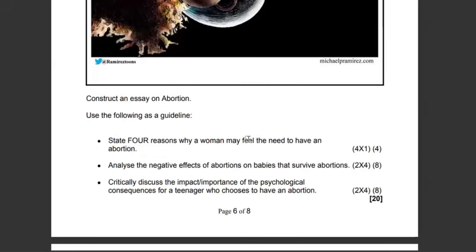Use the following as a guideline. State 4 reasons why a woman may feel the need to have an abortion. So, there are health risks. That is number one, health risks.